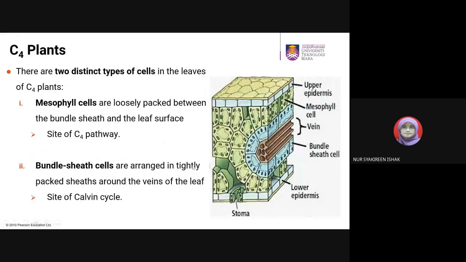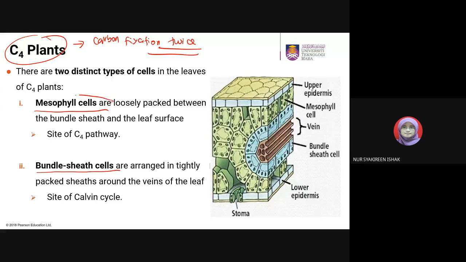Okay, so for C4 plant awak ingat dia kena ada two different types of cell, mesophyll cell dan juga bundle sheath cell. Untuk C4 plant, ingat dia undergo carbon fixation twice. Ingat ni, twice.